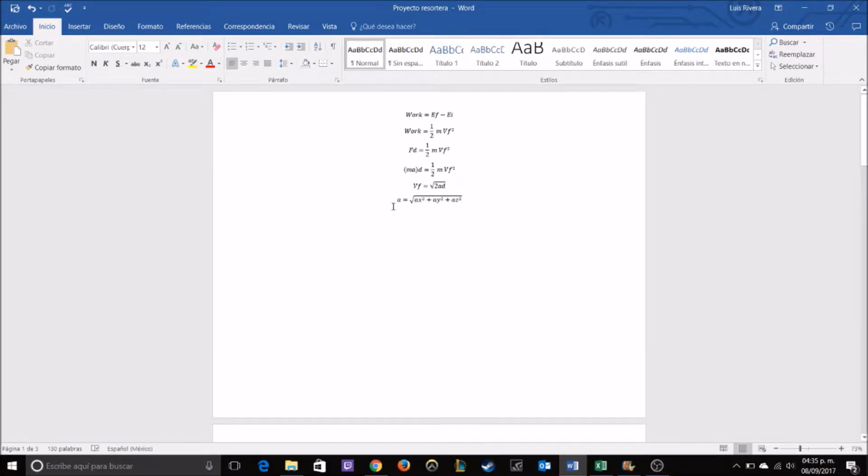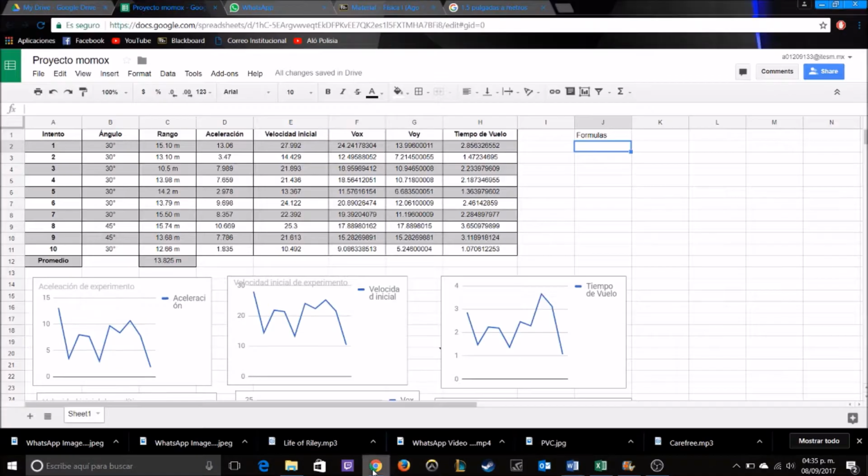With this formula: acceleration equals the square root of the acceleration component in x squared plus the acceleration component in y squared plus the acceleration component in z squared. Now, the final velocity, we obtained it with the formula, as I already said, equals the square root of 2 times the acceleration and the distance.